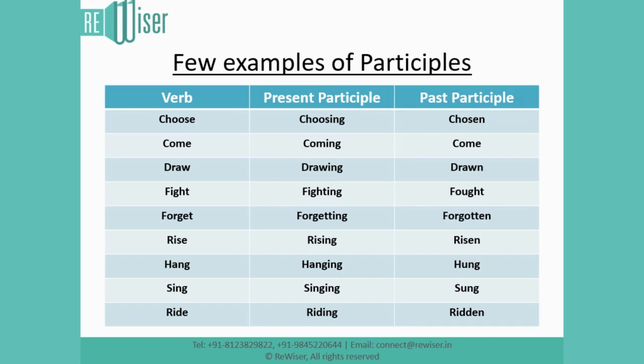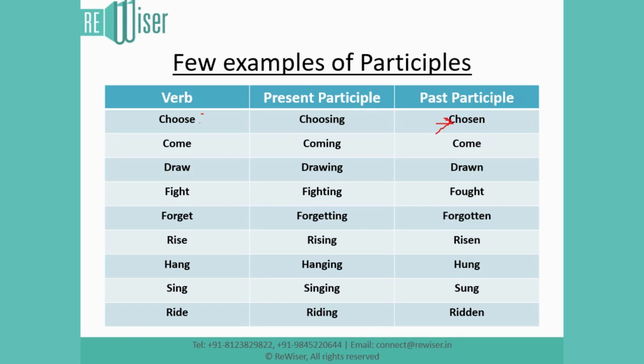These are the other words, basically verbs, which have a present participle and a past participle. So I've given this for your reference. For example, choose becomes chosen. So I have chosen. Come, I have come to the party tonight.